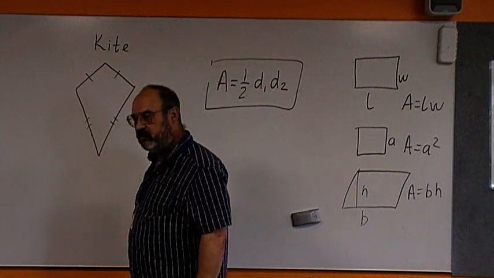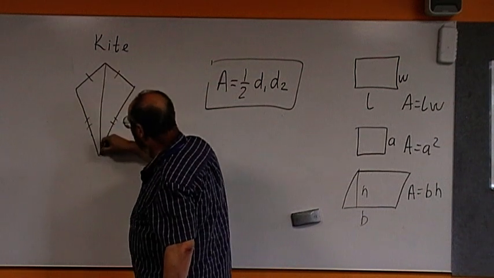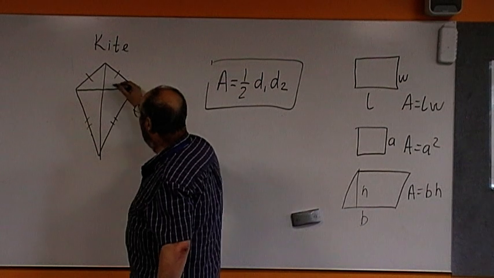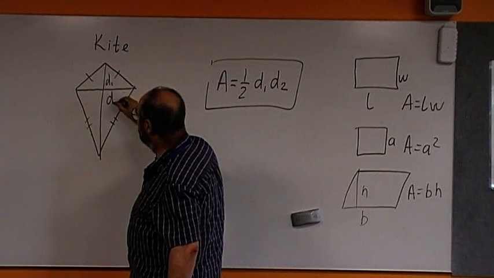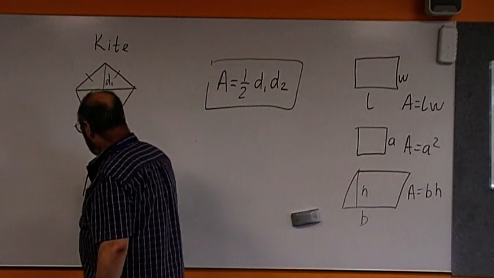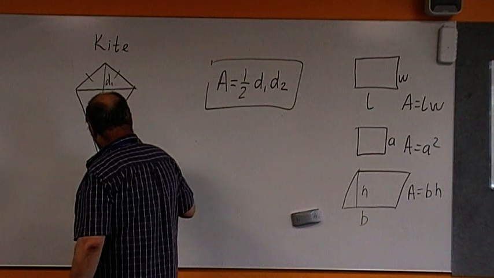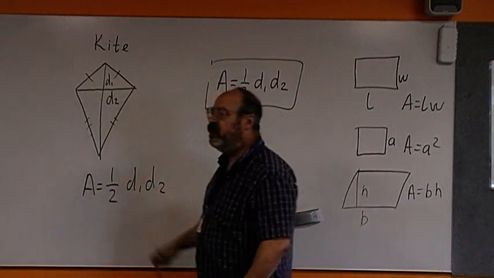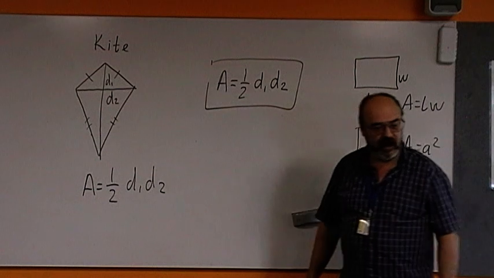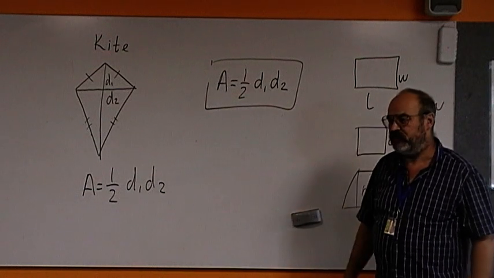That's called a kite. And a kite has diagonals as well. If this is D1 and this is D2, it can be shown in the same way that the area of the kite is exactly the same formula as the area of the rhombus: half diagonal 1 times diagonal 2. So kite and rhombus have the same formula.